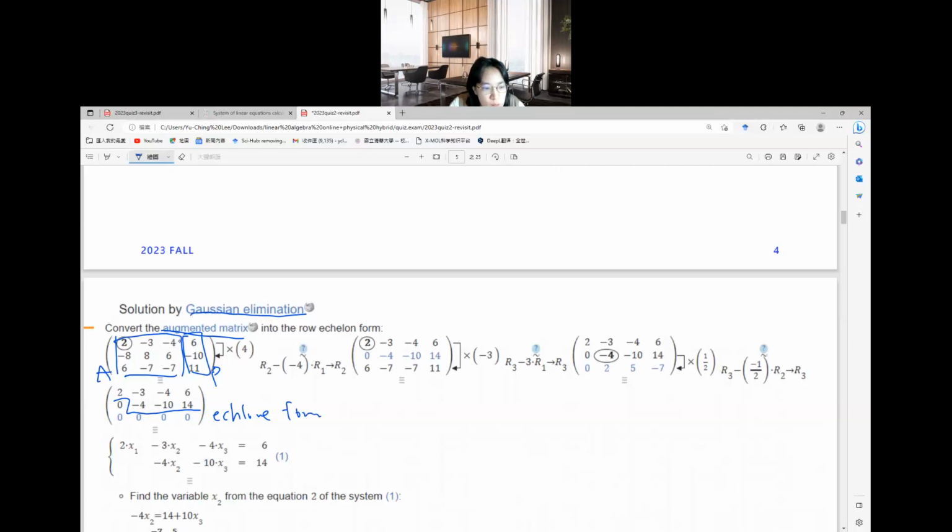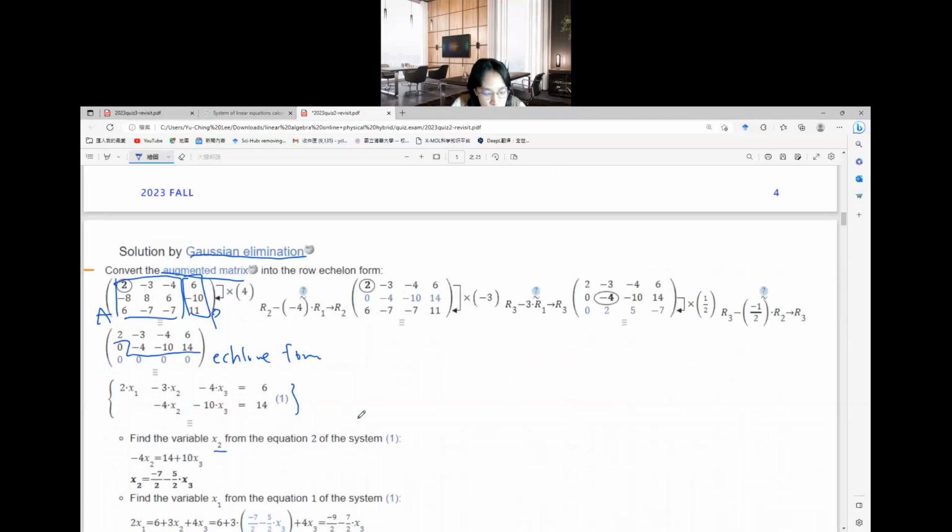This echelon form is equivalent to a system of equations that can be expressed in this bracket. We can find that variable x2 has a relationship with x3 through this equation. So x2 can be written as something times x3 plus a constant.